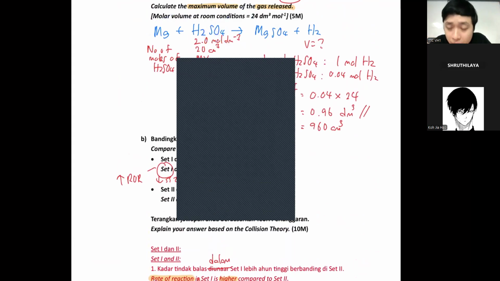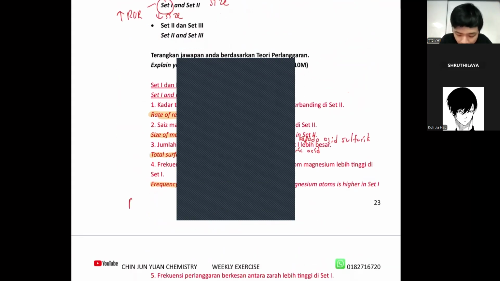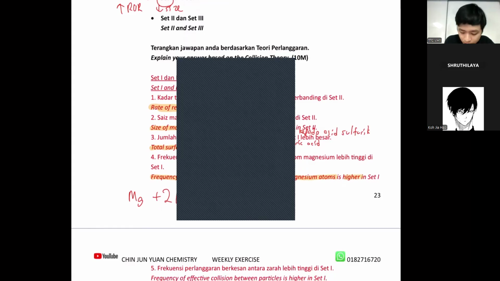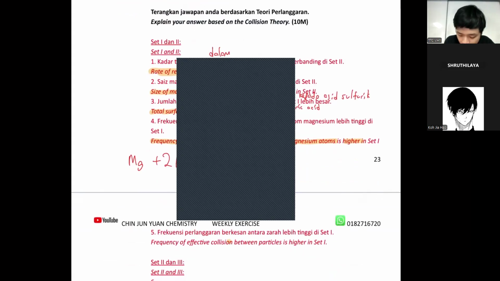So the real colliding particles should be magnesium atom and hydrogen ion. When you explain, this is important. Then the 5th sentence just repeats with the effective collision.